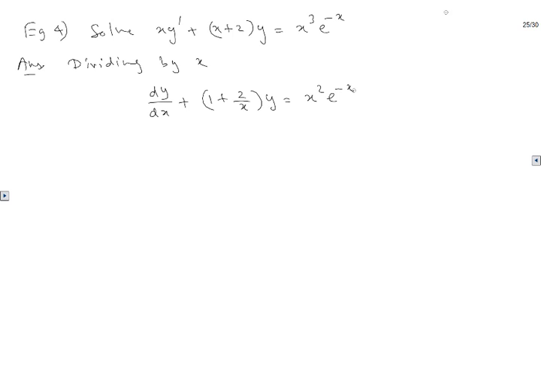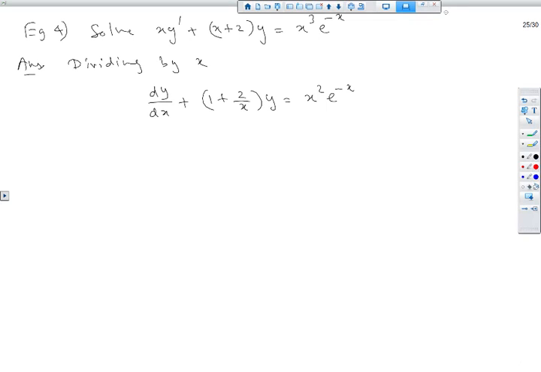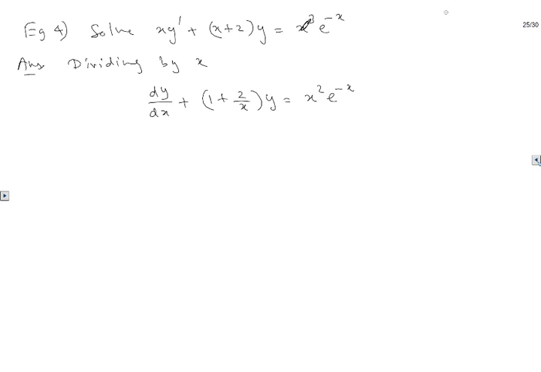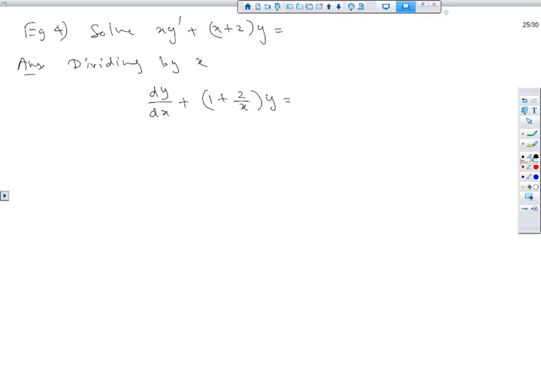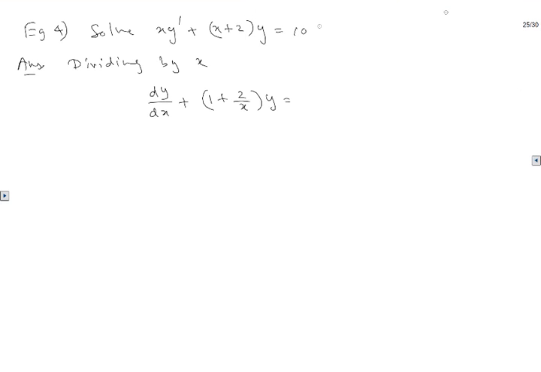Okay, actually let's put a 10 in front of this problem just to make it a little bit more interesting. So let's slightly change the problem to 10x³e^(-x), and here also, when you divide, it becomes 10x²e^(-x). Perfect.